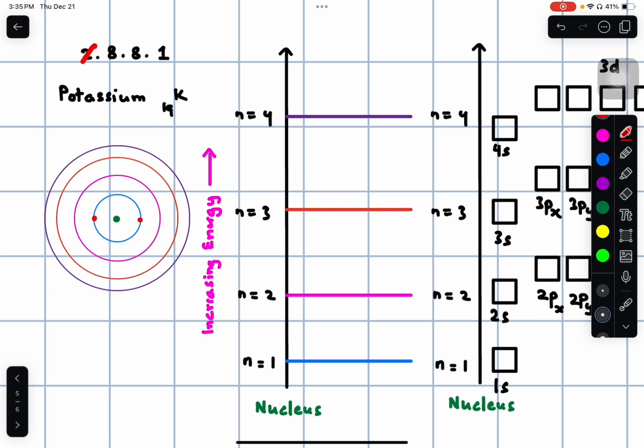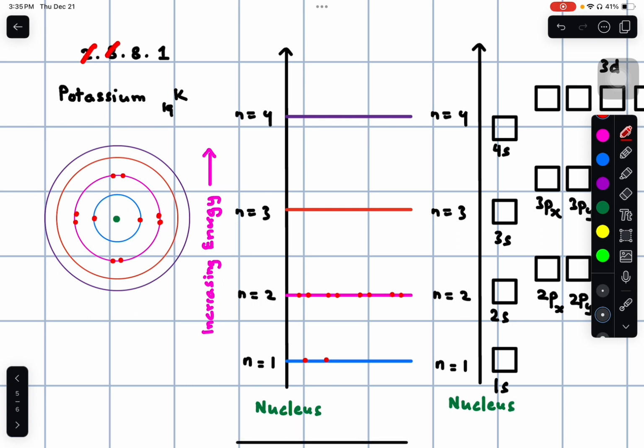At principal quantum number 1, we're going to fill in 2 electrons here. After that, we will move to a higher energy level, which is n equals 2. We need to fill in 8 electrons, so 1, 2, 3, 4, 5, 6, 7, 8.